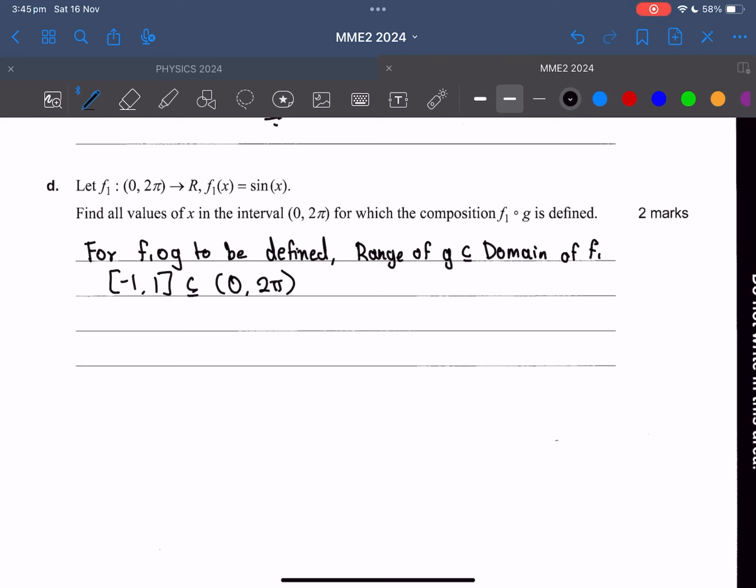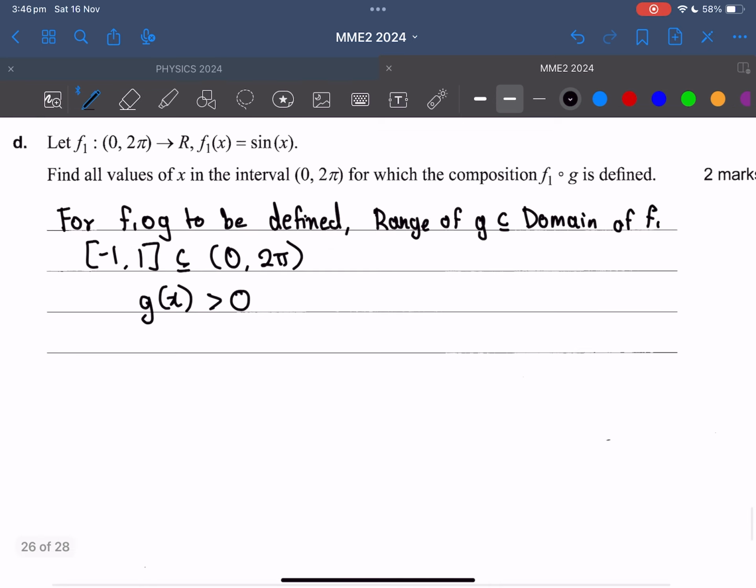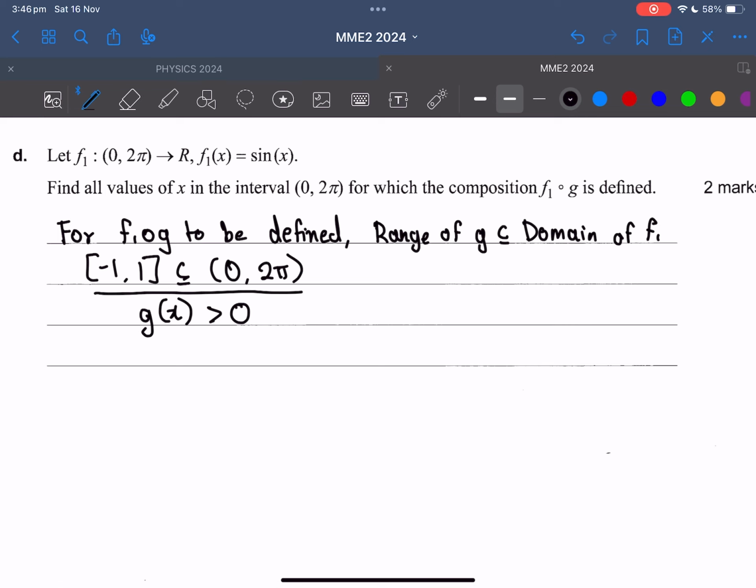So then, if we want f1 of g of x to exist, we would need the new range of g to be basically greater than 0. So we basically need to find when g of x is greater than 0, because currently -1 and 1 is not in the subset.